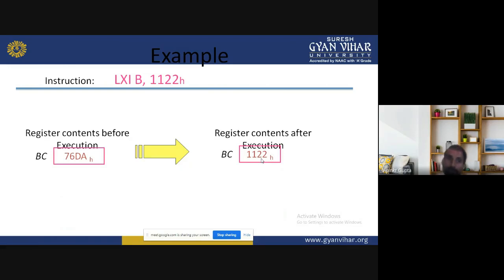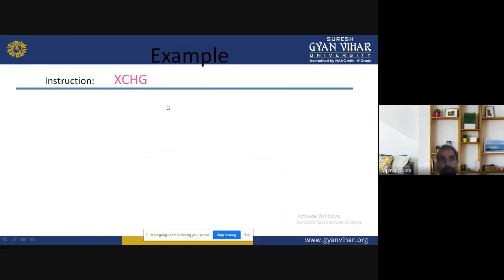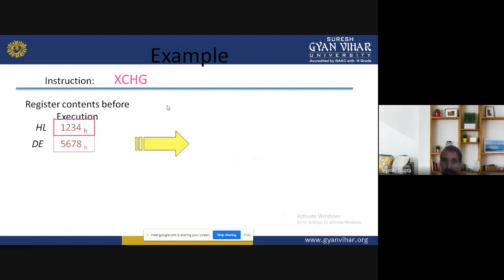The length is 3 bytes, because 2 bytes are the data and 1 byte is the opcode. Exchange. Exchange means, as if I exchange my voice from one to the other. So exchange means the HL and D pair data will be exchanged with each other.